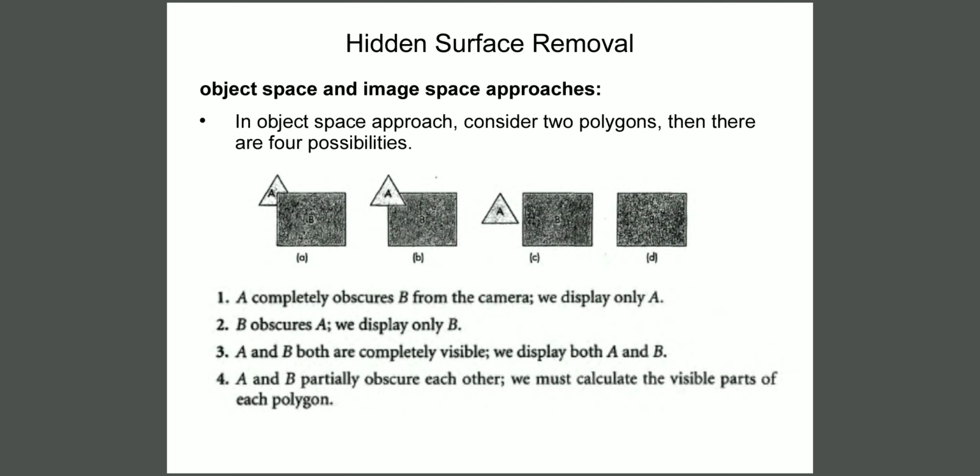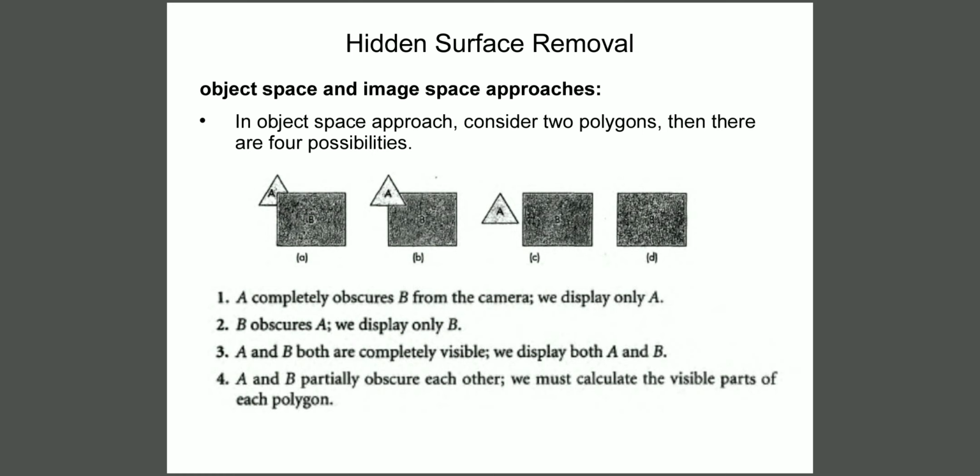In the second case, A may be completely hidden behind B, so the user is able to see only the polygon or the object B, but not A. In the third case, A and B may be completely visible on an output screen, nothing will overlap another, or nothing will hide behind another. Then in the fourth case, A and B may be partially visible to a user.